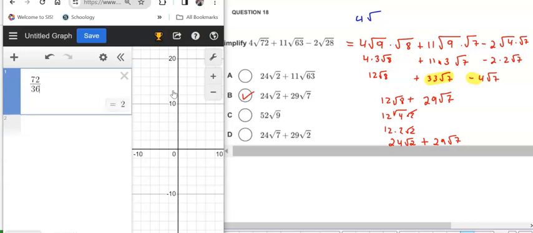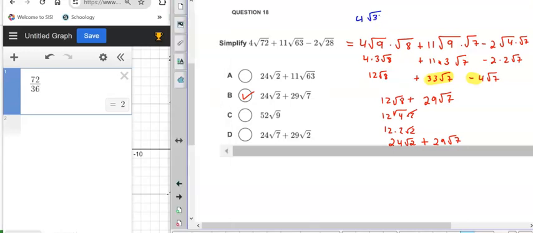I think instead of doing 9, I could have done 36. That's the problem. So I could have done 36 times 2, and then that would have been 4 times 6 square root of 2. So that would have been 24 square root of 2, which is what I have there. Okay, that's a 2. Here you go.